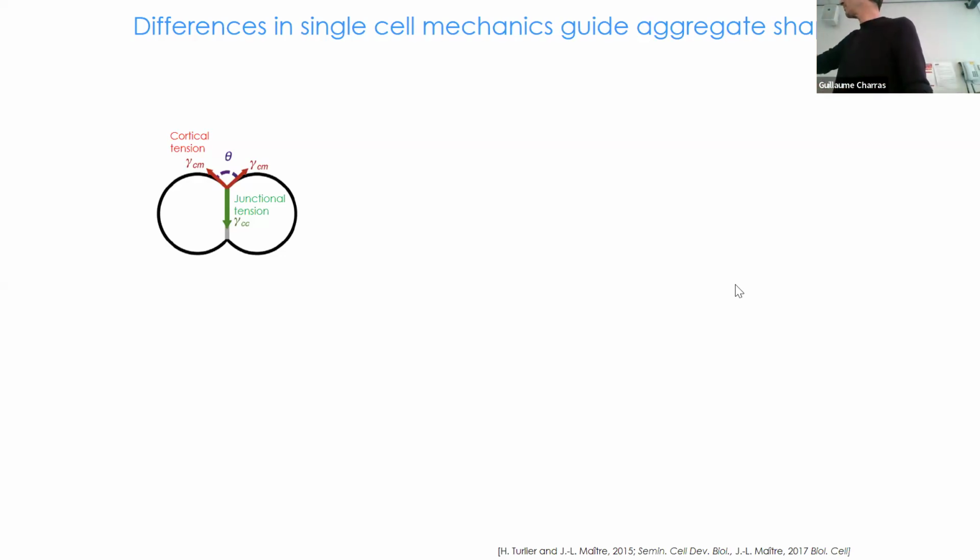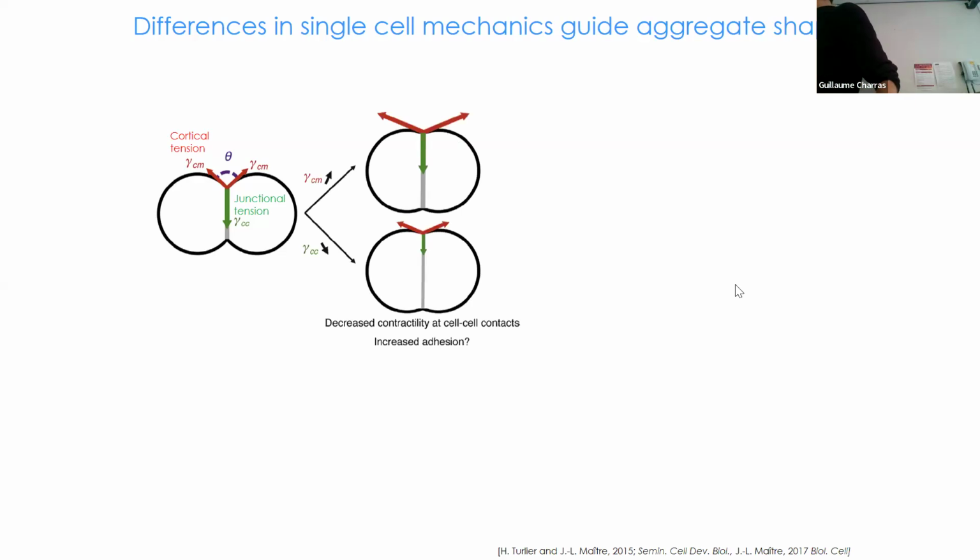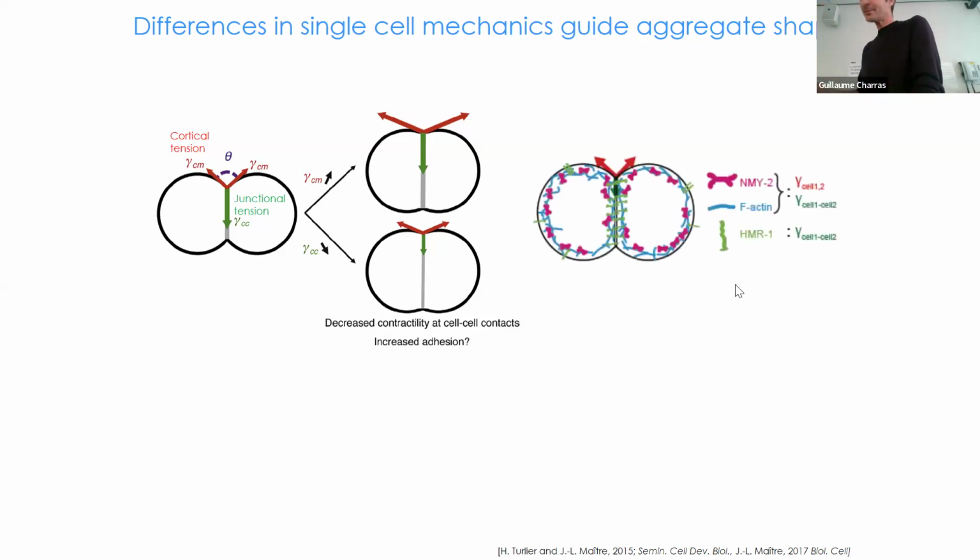And there are theoretical predictions from the Young-Dupré equation that tell you what this contact angle should be. And if the contact angle changes, for example, if it increases, it could be because the cortical tension here has increased or because the junctional tension has decreased. But if you don't do an experiment, you can't differentiate these two.